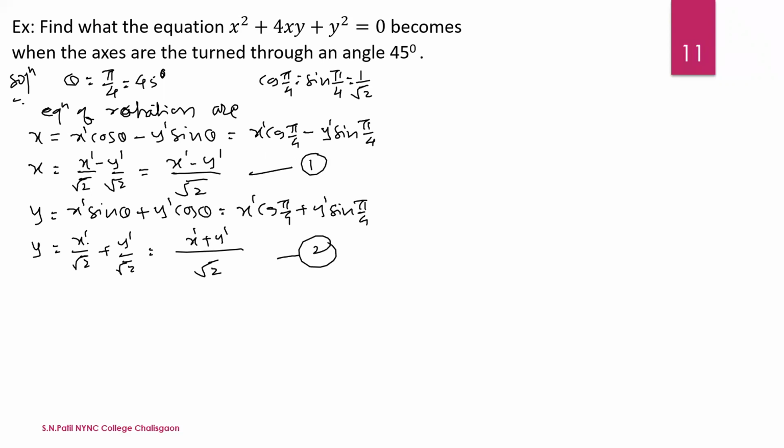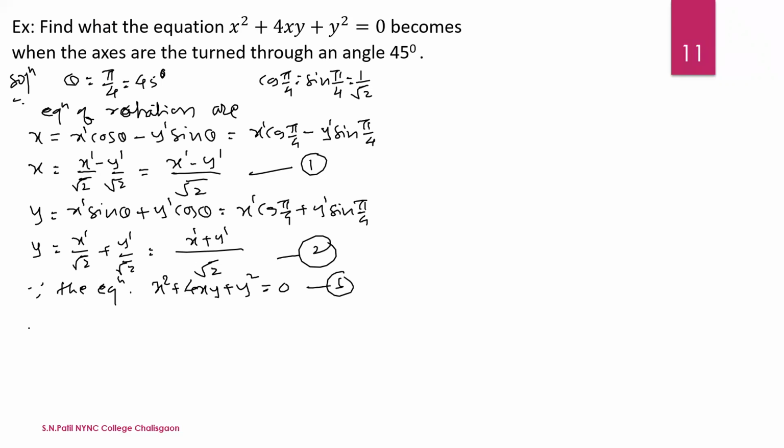Now the given equation, equation 3, is x square plus 4xy plus y square is equal to 0. Now put 1 and 2 in equation 3.